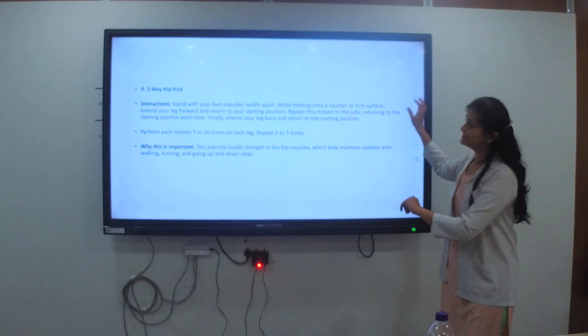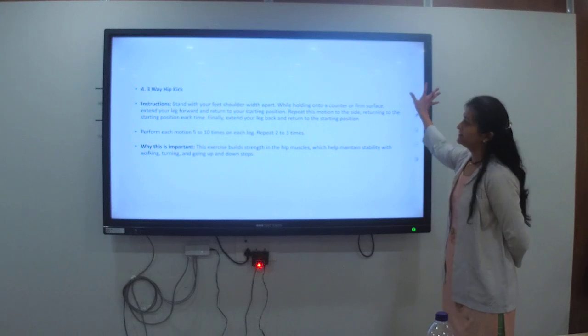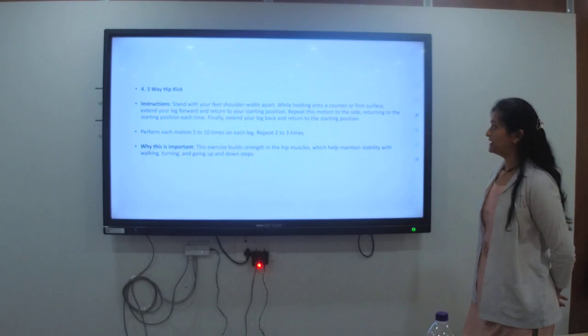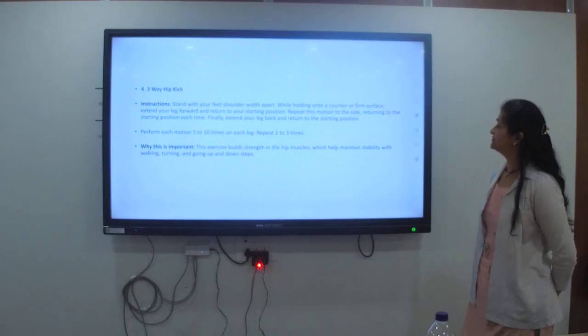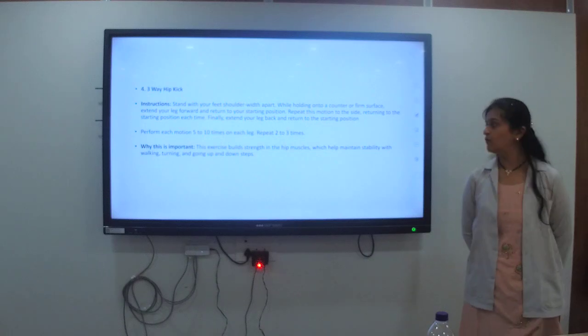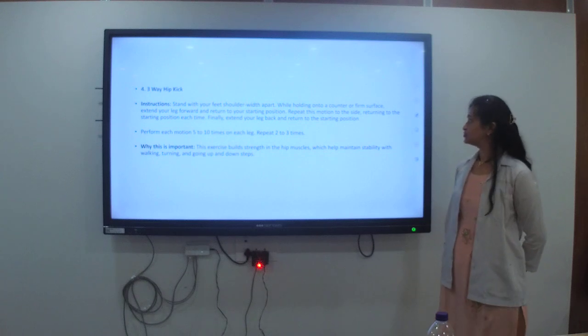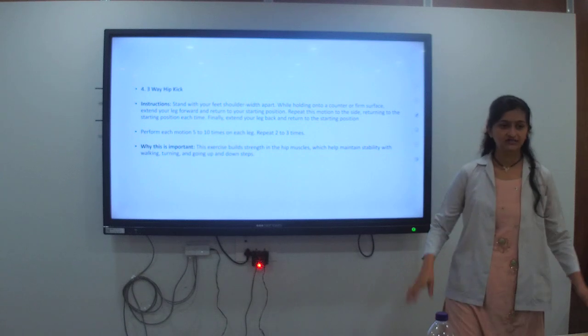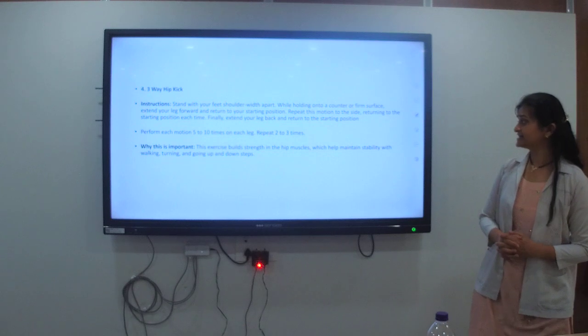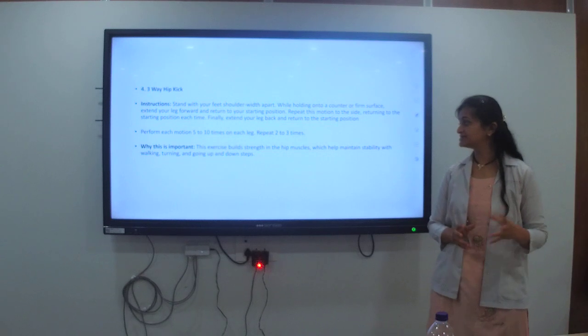The fourth is the hip kick. So stand with your feet shoulder width apart and while holding onto a counter or a firm surface, extend your leg forward and return to your starting position. Repeat this motion to the side and return to the starting position. Finally, extend your leg back and return it to the starting position.